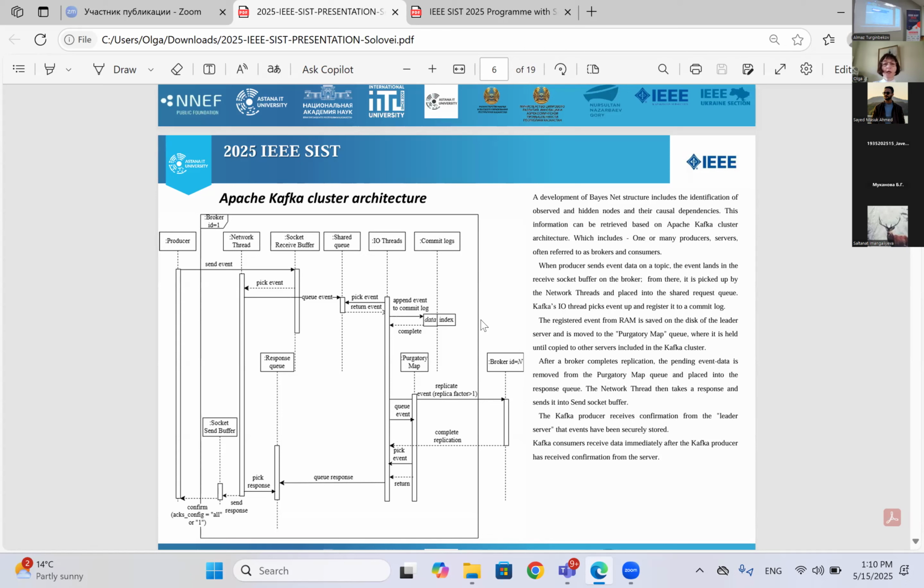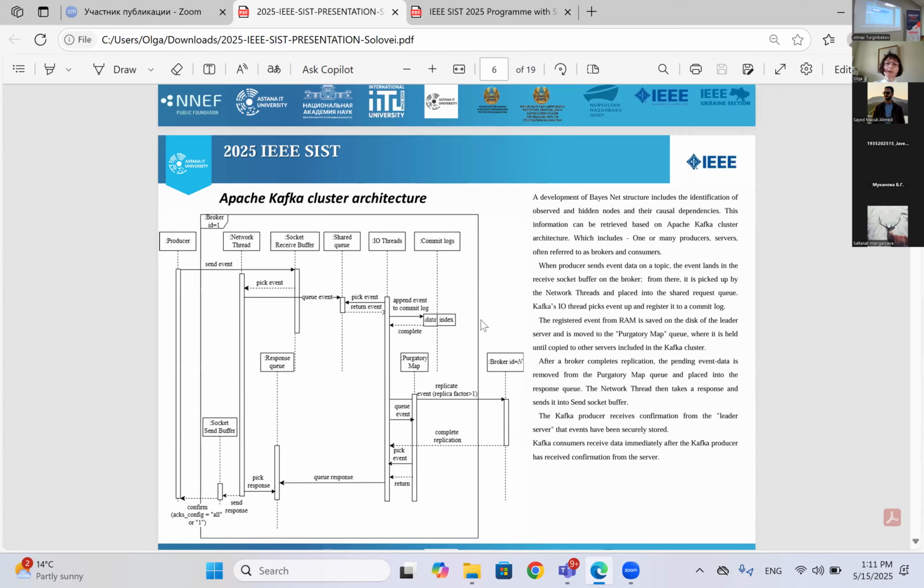Saved event data on the server leader is put in the purgatory map queue, where it waits until replication of this data on other servers, often referred to as brokers, is completed. The replication approach in a Kafka cluster is the main solution to ensure the durability of data sent to a cluster.